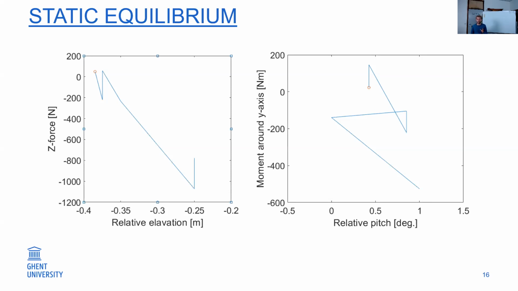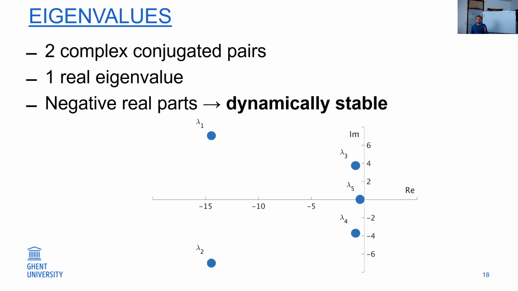That's the first thing we need to do. Then we can calculate at this point these force derivatives and moment derivatives, and we can find a stability matrix. Once we have a stability matrix, it's nothing more than calculating eigenmodes, and therefore eigenvalues and eigenvectors, of this stability matrix.